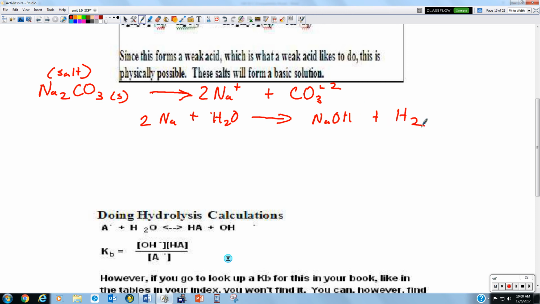You've all seen this reaction, remember? Well, most of y'all have seen it. I dropped a little piece of sodium in the water, it fizzles around and produces some gas, and then you have a new product. All right?